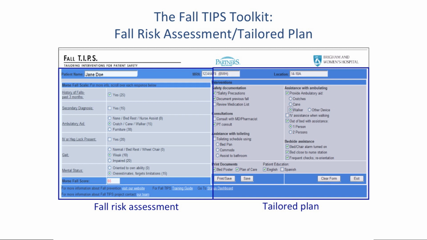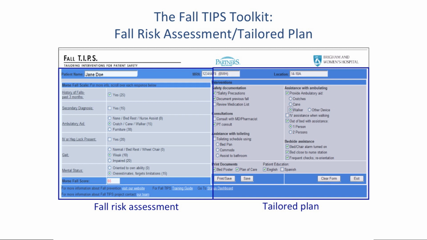And so the way this worked, as the nurse filled out the fall risk assessment on the left, in the background, the decision support would automatically select the interventions that were most likely to prevent a fall. And then once the nurse completed the risk assessment, they could further tailor based on their knowledge of the patient, but it produced an evidence-based plan for every patient.